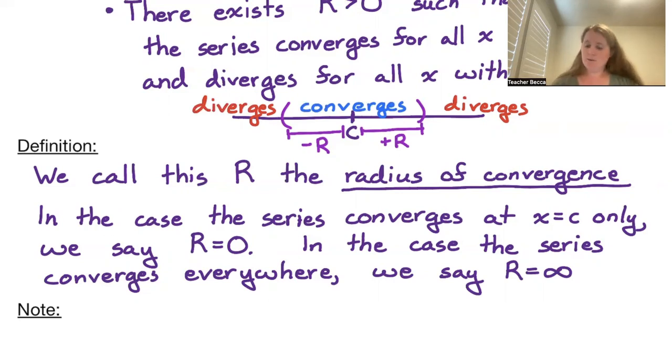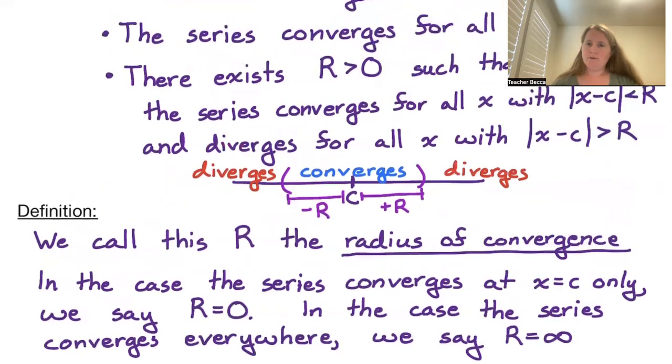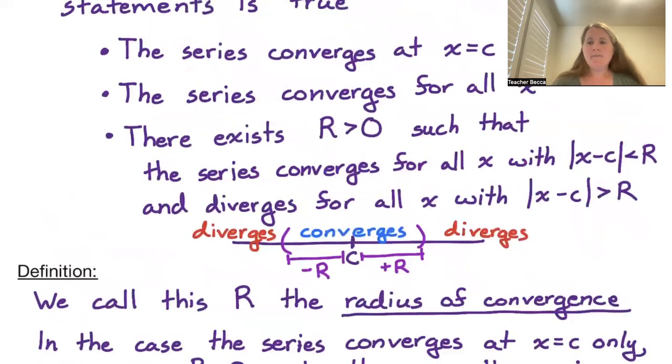Just a quick note, the theorem we were just looking at says nothing about what happens at exactly distance R. At exactly distance R, you may converge, may diverge. But as long as you are within distance R of c, we converge. If you're farther away, there's divergence.